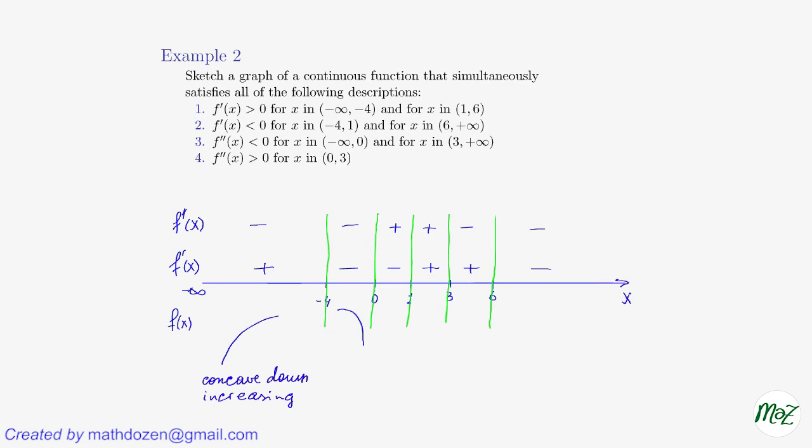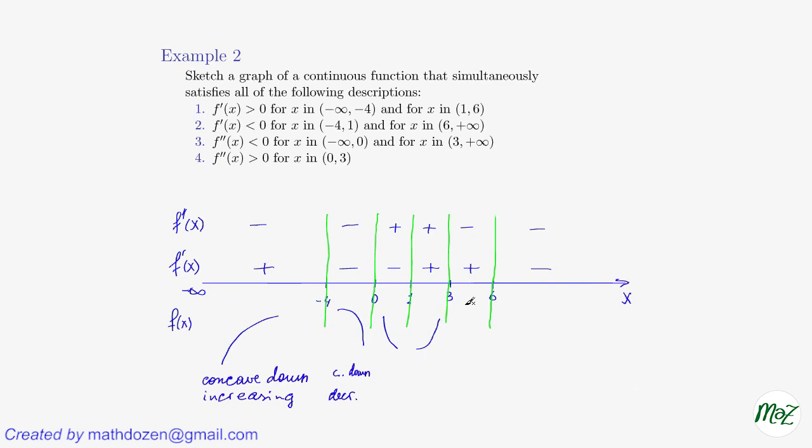Then between 0 and 1, the function is decreasing and concave up. Concave up but decreasing. And between 1 and 3, the function is concave up and increasing.